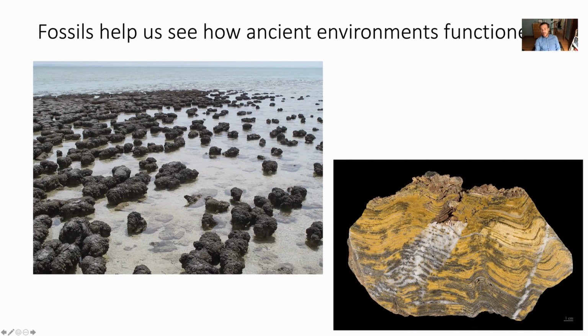A stromatolite is created from a layer of photosynthetic organisms, and they create a calcium carbonate shell or test around them. And this is hundreds and hundreds of years of these layers of cells photosynthesizing.